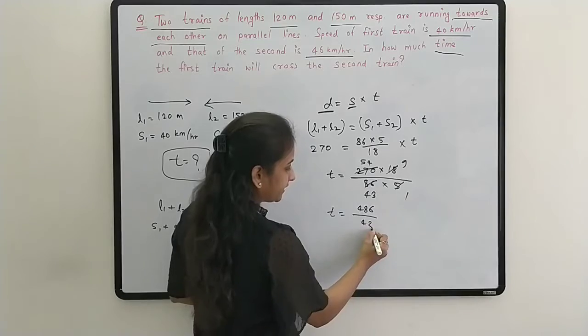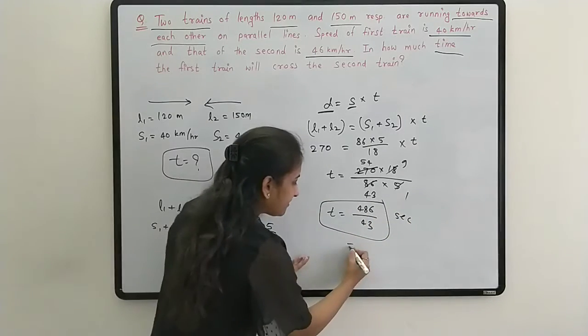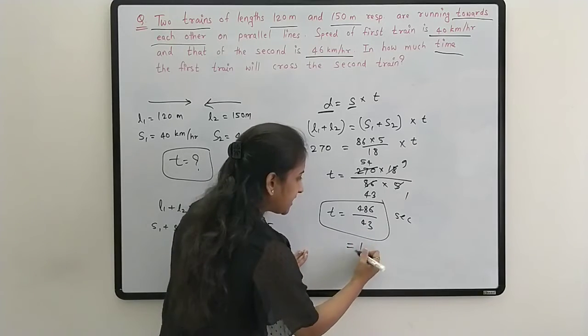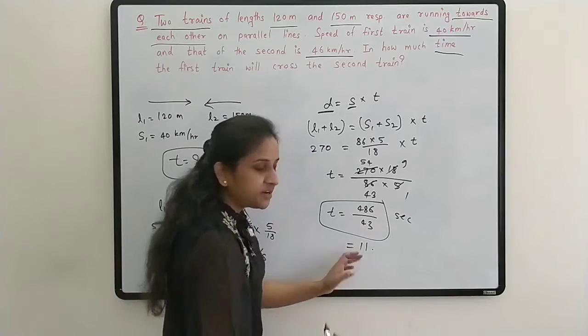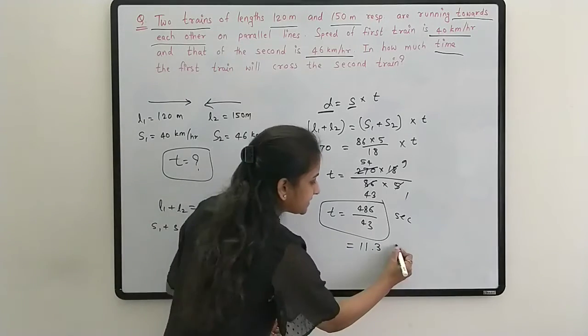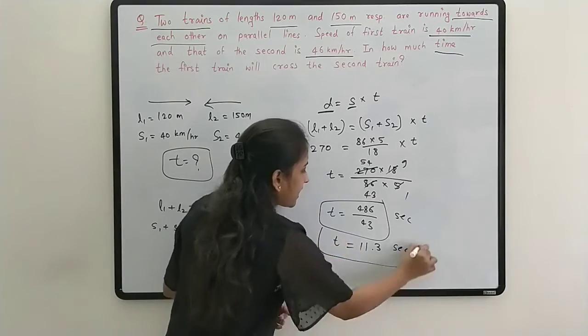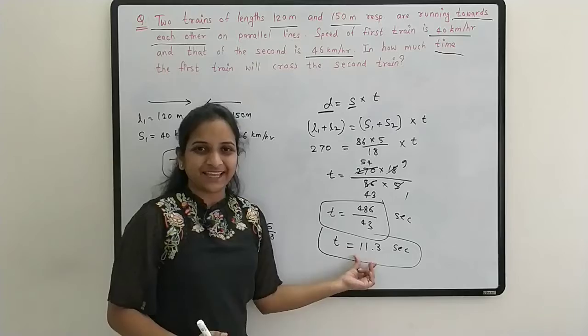Okay, divide by 43. It's okay to get a weird answer. Okay, now we can find this. After solving this you will get 11.3 seconds. So the time taken by the first train to cross the second train is 11.3 seconds.